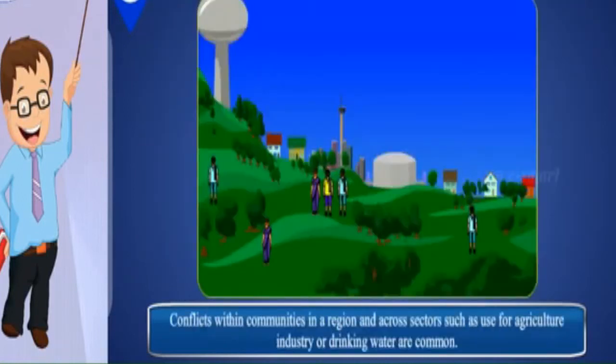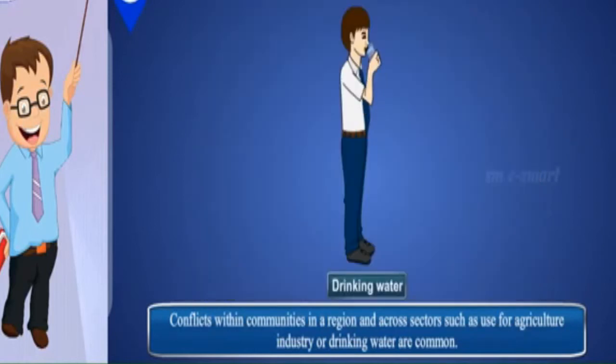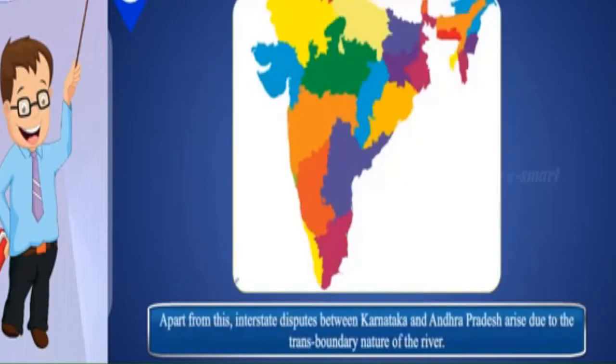Conflicts within communities in a region and across sectors such as use for agriculture, industry or drinking water are common. Apart from this, interstate disputes between Karnataka and Andhra Pradesh arise due to the transboundary nature of the river.